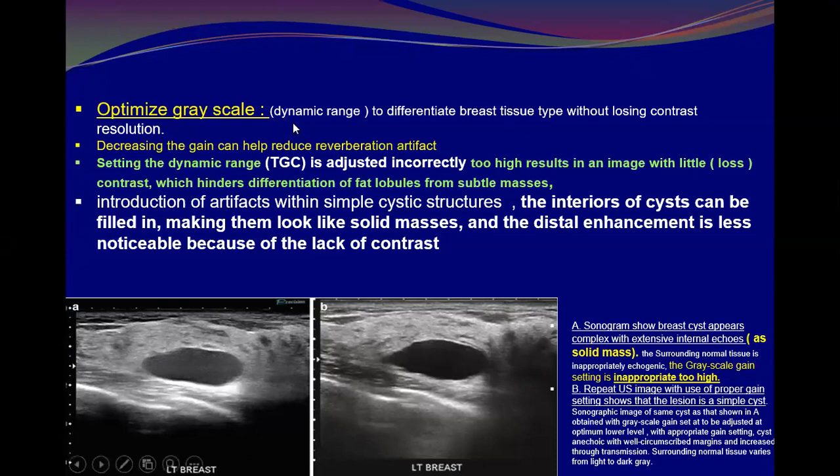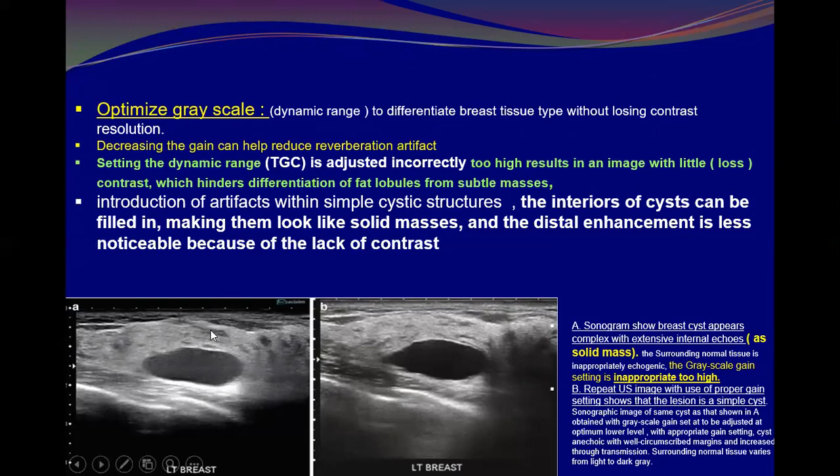Generally, the dynamic range should differentiate tissue without losing contrast resolution. In this case, this is the reverse of the previous image. There the contrast was very high.